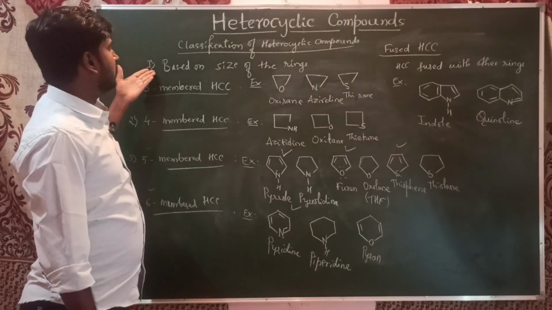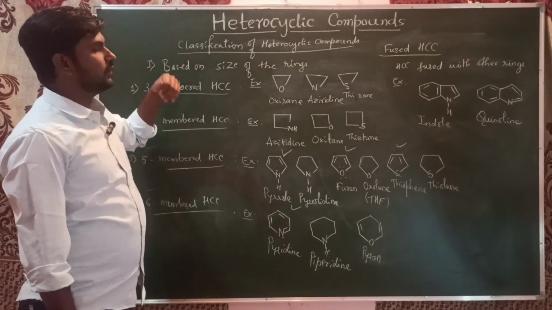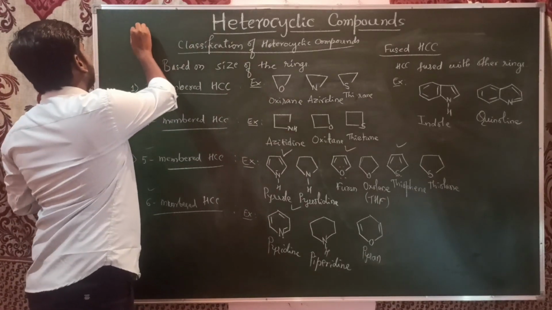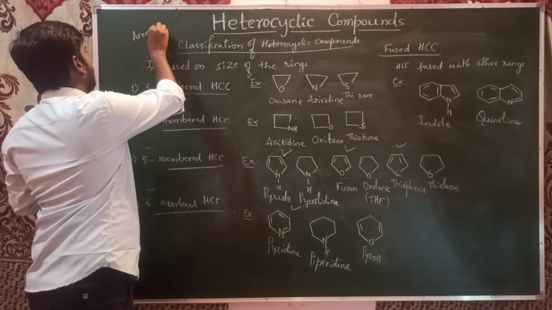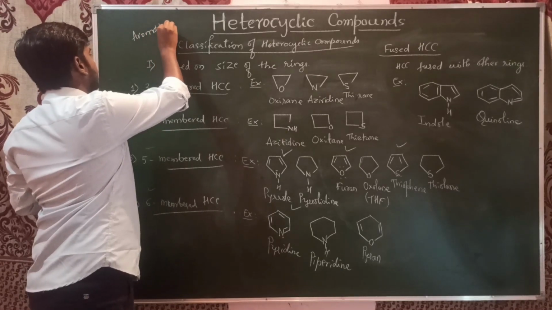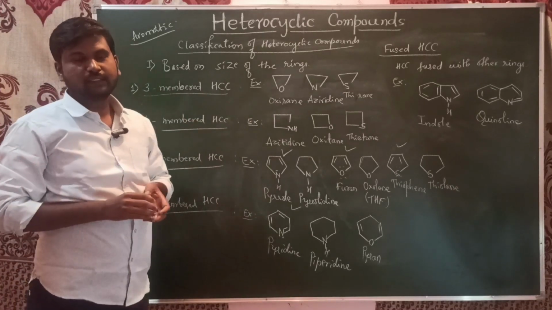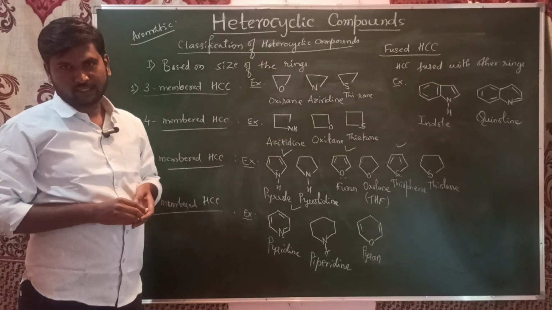And the second method for the classification of heterocyclic compounds is based on whether they are aromatic or non-aromatic. Based on the structure itself, you can see whether they are aromatic or aliphatic.